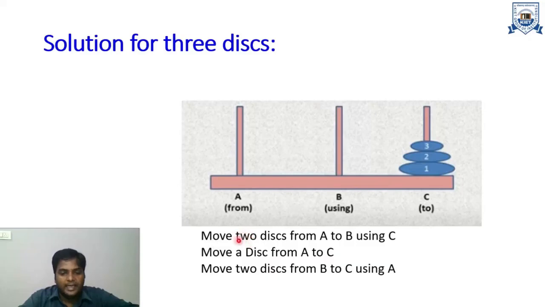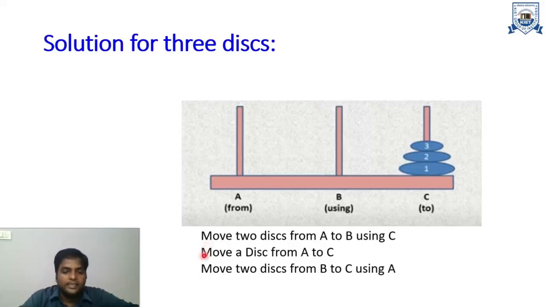Move n minus 1 disks from A to B using C. In the same way, as with three disks we move two disks from A to B using C, with n disks we move n minus 1 disks from A to B using C. Now the next step is to move a disk from A to C. That is similar for n number of disks also.